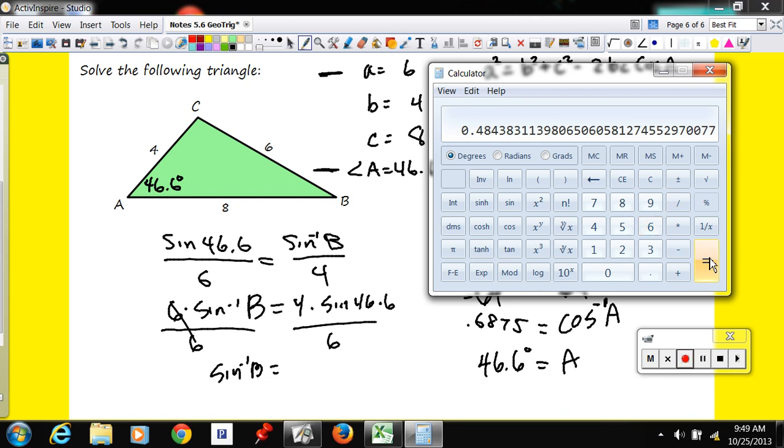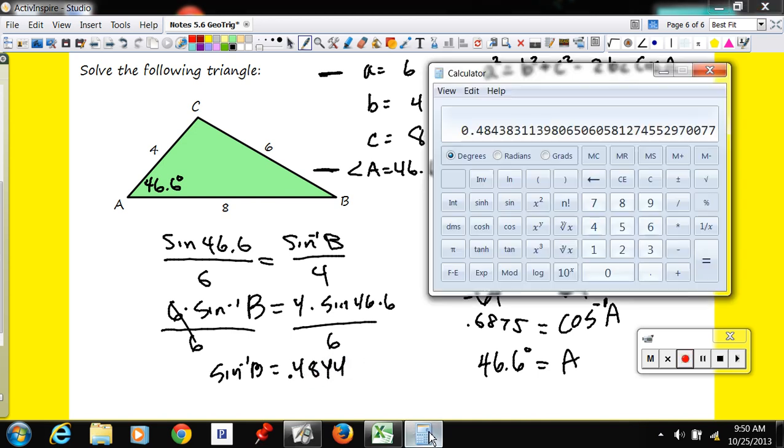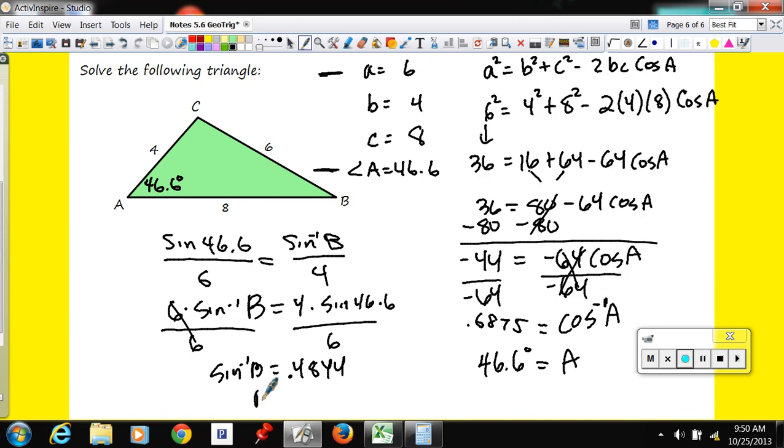That gives us 0.4844. We're going to take that amount and hit the inverse sine, and that's going to give me 28.97. We'll round that up to 29 degrees, because .97 is going to round up. So angle B then is 29 degrees.